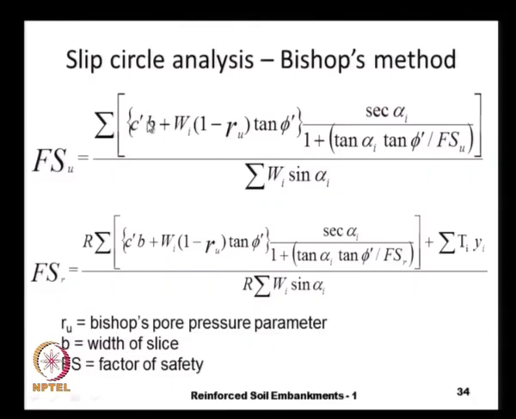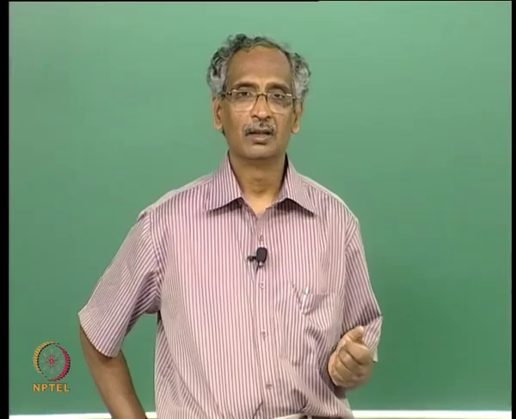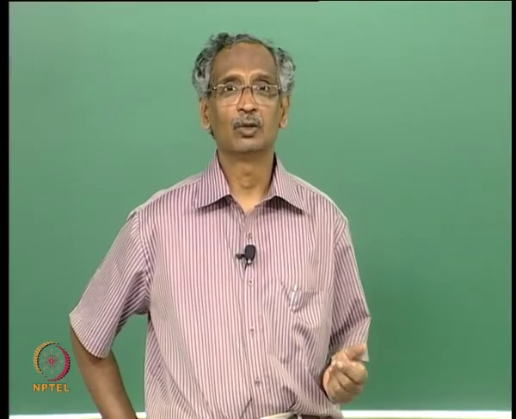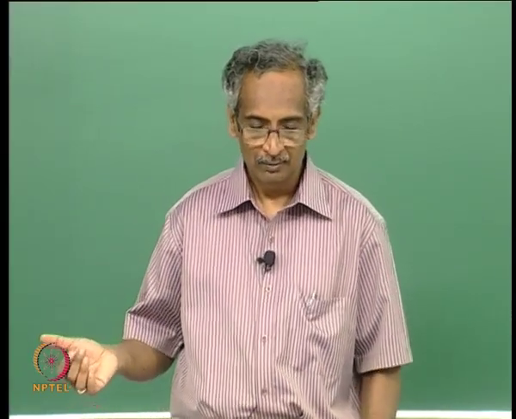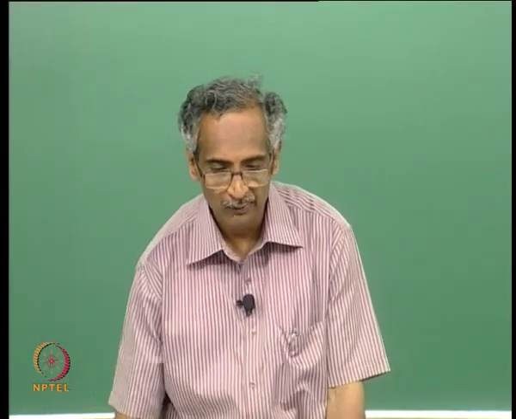Here all these parameters are the same as earlier, except our B is the horizontal width of this slice, and RU is the pore pressure parameter, Bishop's pore pressure parameter. Typically it depends on the type of soil and the type of drainage conditions and so on. It could be anywhere from 0 to about 0.4 to 0.5.